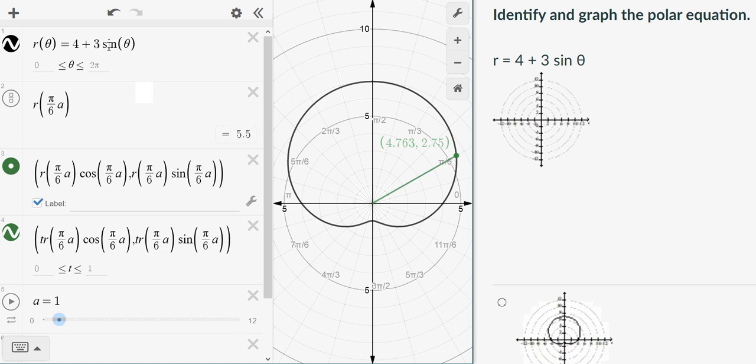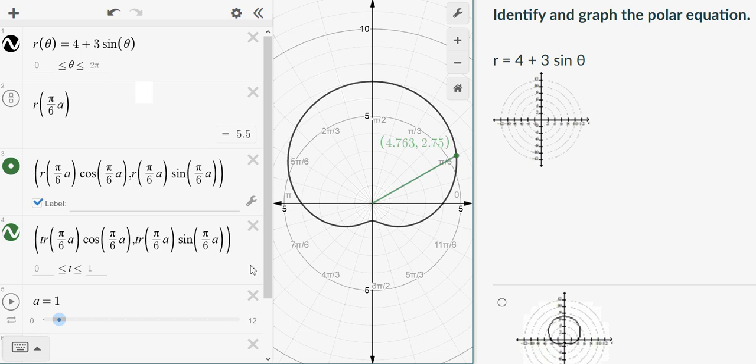And 3 times 1/2 is 1.5. 1.5 plus 4 is 5.5. So when theta is pi over 6, this angle, then r is 5.5. You see this point. Here is 5, here is 6. So here is 5.5.